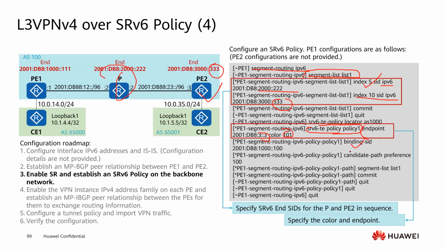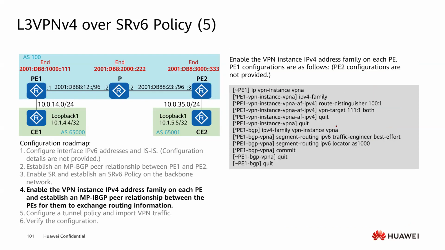You can set the binding SID if you want, and also create a candidate path, with preference 100, and put this segment list into the candidate path. Then you set the VPN instance to use traffic engineering. And if you follow it with best effort, it means if the TE path fails, I can use BE as an escape path.